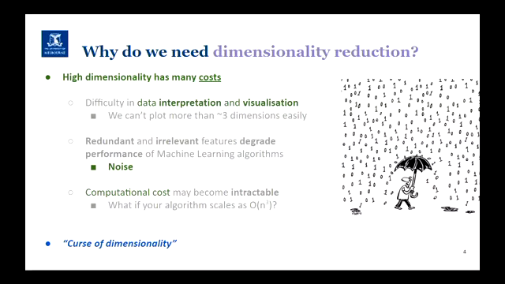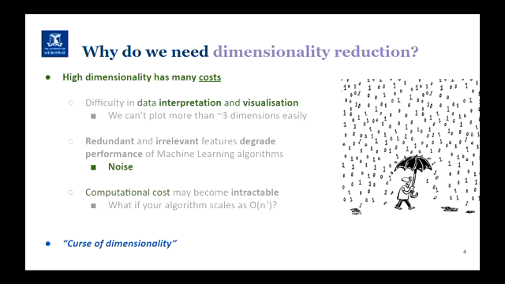But also, with high dimensionality comes noise. At some point, we will start adding information that is either redundant, for instance features that are correlated with each other, or features that are irrelevant to model the problem we want. As an effect, this will probably degrade machine learning algorithms if we plan to use them.